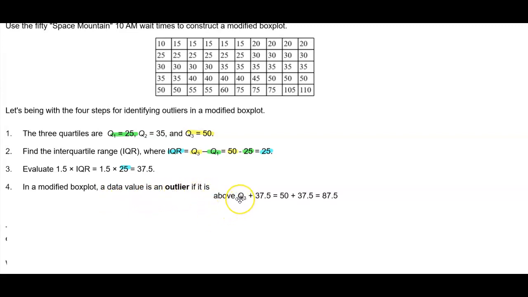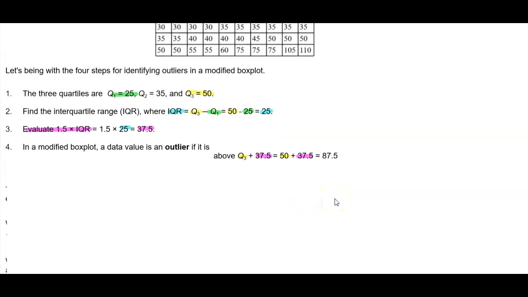Okay, if quartile 3 plus 37.5. Now remember, quartile 3 is 50, and we evaluated 1.5 times the interquartile range, which is 37.5. When we add them together, we get 87.5.